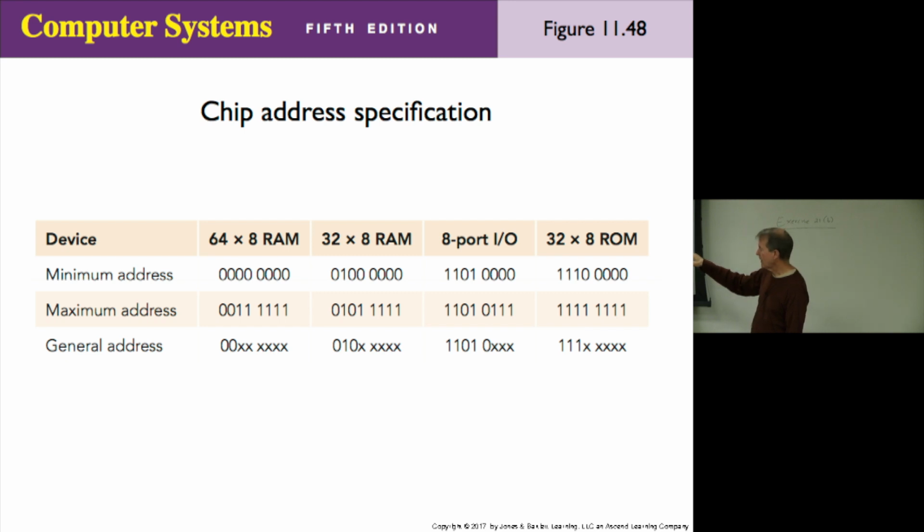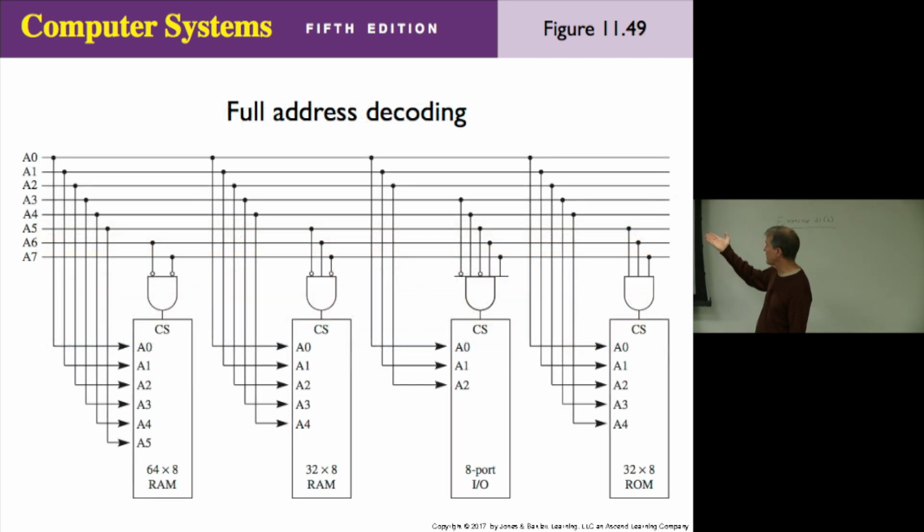We saw how that is reflected in figure 11.48. The key idea is you use the chip select to decode the signals from the high order address lines, and select the chip whenever it needs to be selected so that it's mapped where you want it in the memory map.